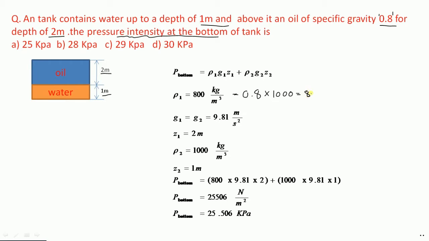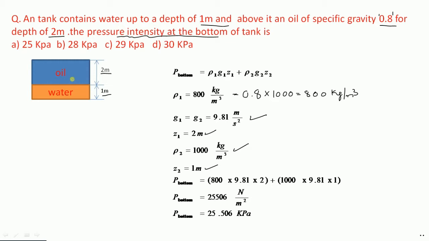So that gives us 800 kilogram per meter cube density of oil, and acceleration due to gravity is 9.81 meter per second square, that we know, and depth of oil is 2 meter, that is also given, and here rho 2 is density of water, that is 1000 kilogram per meter cube, and Z2 is depth of water.